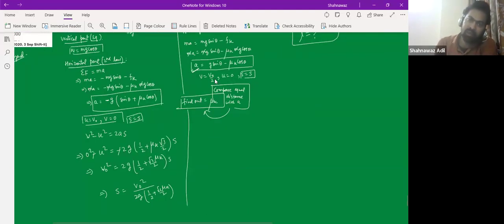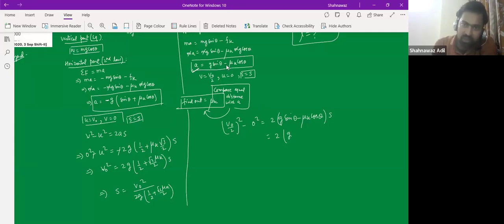In the second scenario, what do we have? We have v square, which is v naught by 2 square, minus 0 square. And then we have 2 and g sine theta minus mu k cos theta, and then s. Oh, did I miss g in here? G is common, right?